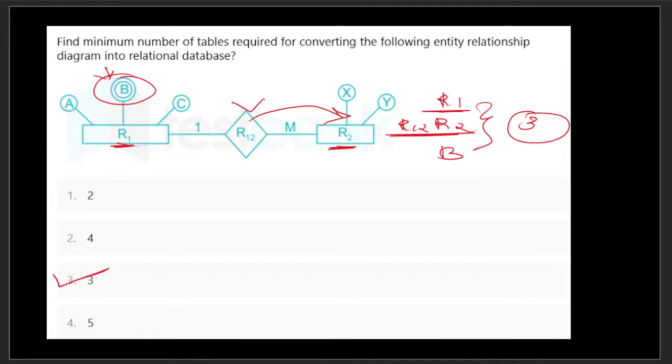So the correct answer is 3. Some directly classify that it is one to many, so 2 is the answer, and that is how they get things wrong. You also have to see the multi-valued attribute. It will definitely require a table. Why? Let's say A has 2 phone numbers. It takes a space. Let's say A is a key.